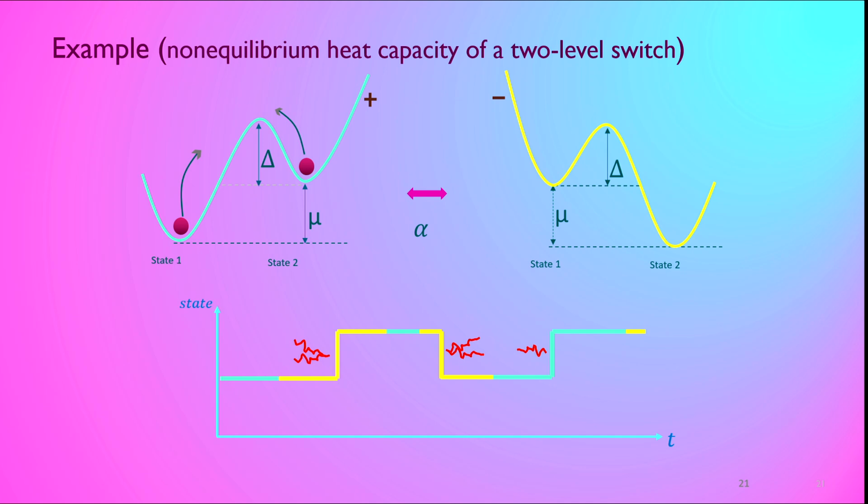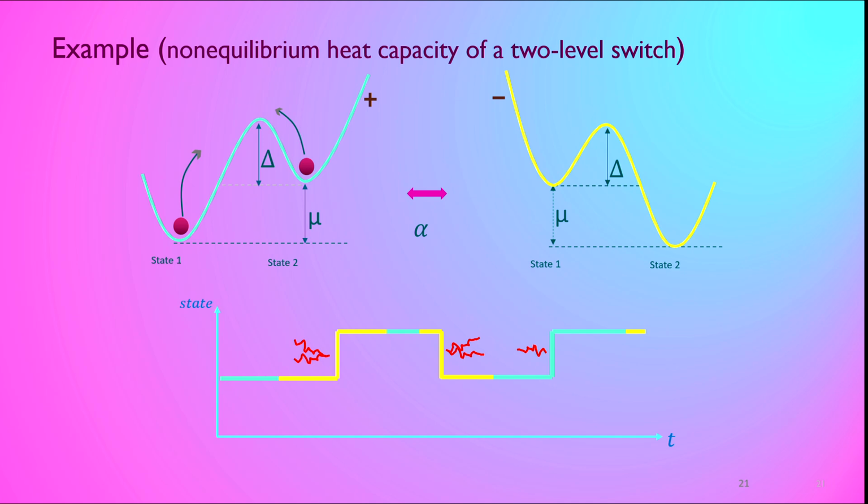I have two possible landscapes of the energy, plus and minus. With the rate alpha, the landscape plus changes to minus and vice versa. And the energy gap here should be epsilon, I put mu, sorry for that, but the energy gap is mu.